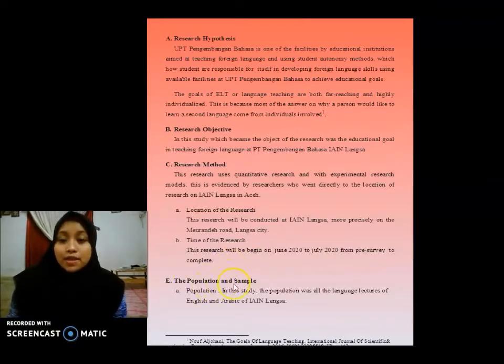And then next, the population and sample. The population in the study was all the language lecturers of English and Arabic at YIN Langsa. I think UPT Pengembangan Bahasa is not only English but also Arabic.